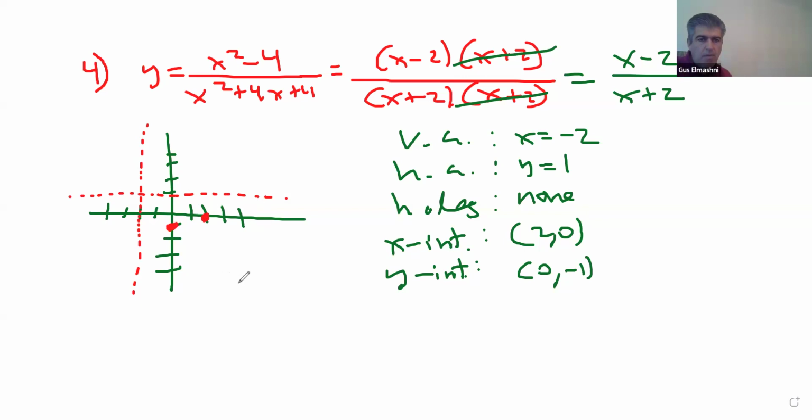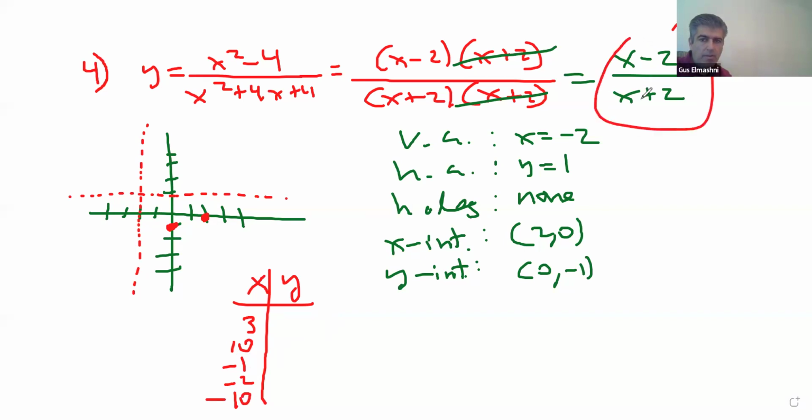So then, if it makes you more comfortable, let's plug in some points. Let's plug in say 3, and let's plug in maybe 10, and let's plug in maybe say -1, and maybe -2, and maybe -10. If we plug in 3, it'll be 1/5. I thought the way we did it was with the base. No, you plug into the simplified form, it's much easier.